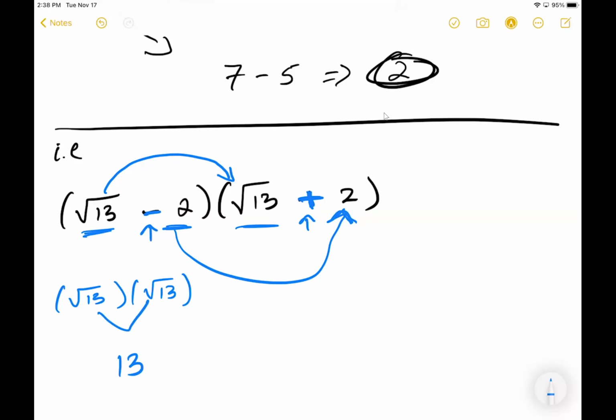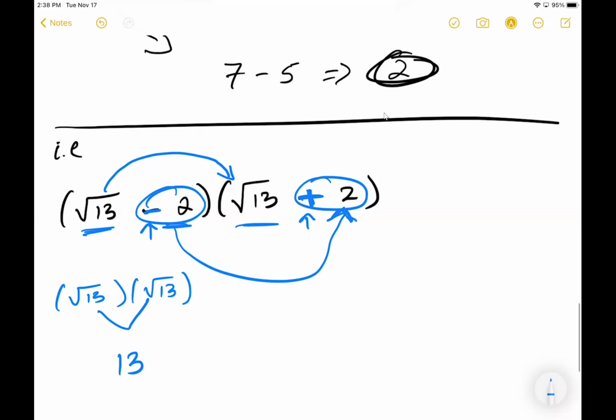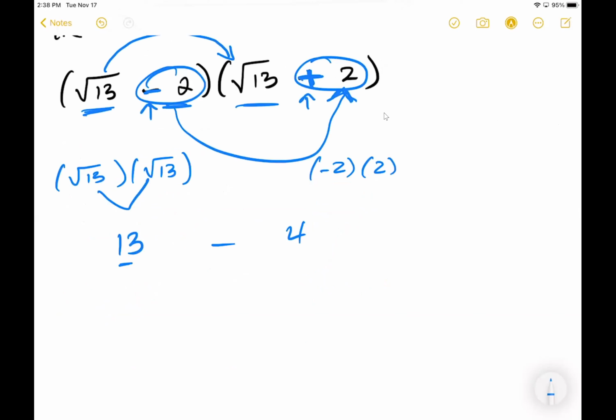And if you take a negative 2 times a positive 2, and as you can see, that is negative 4. So 13 take away 4. Everybody see that is equal to 9? Right? And that's what we want.